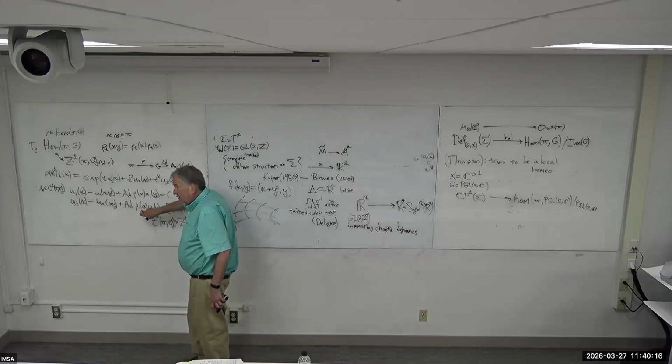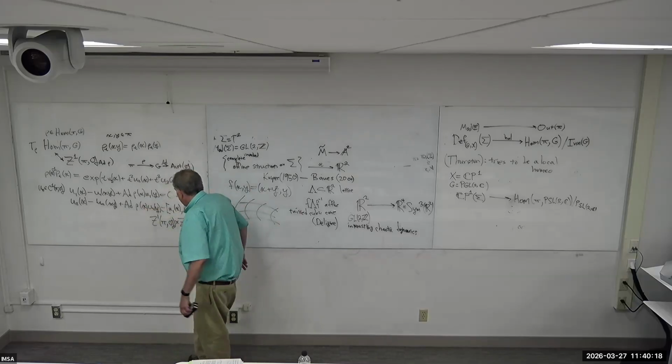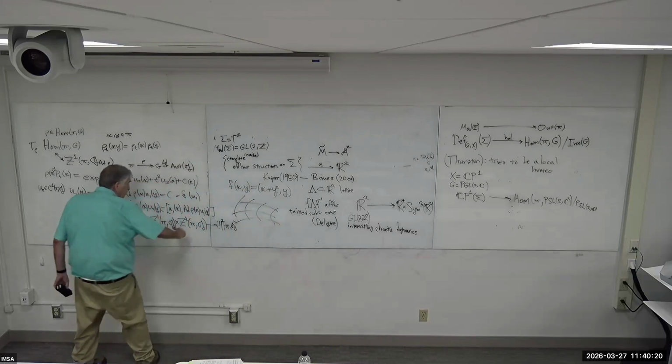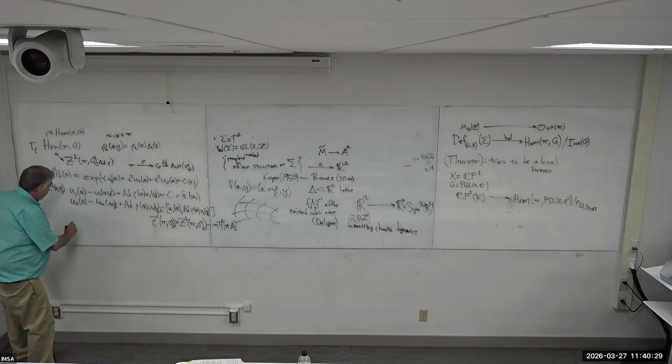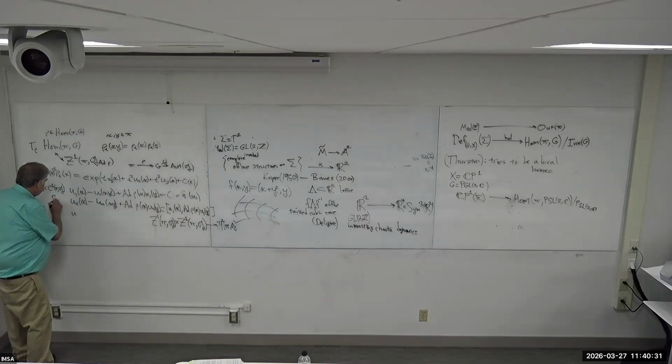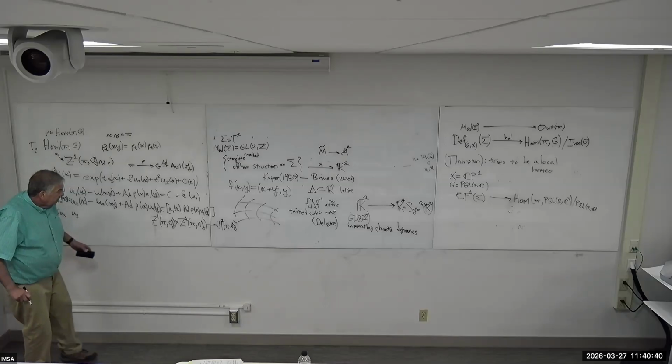You want this to be 0 in cohomology. So this is the natural quadratic form that represents the obstruction, as we heard earlier. Okay, and then the next term, so this is the coboundary of u2 applied to x, y. Then we have something similar for the coboundary of u3.